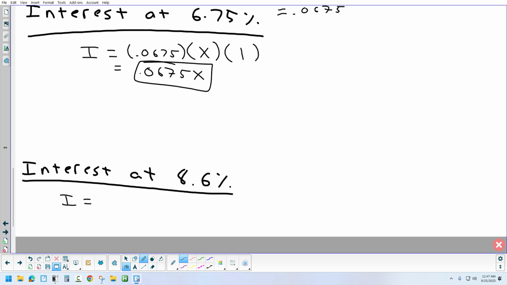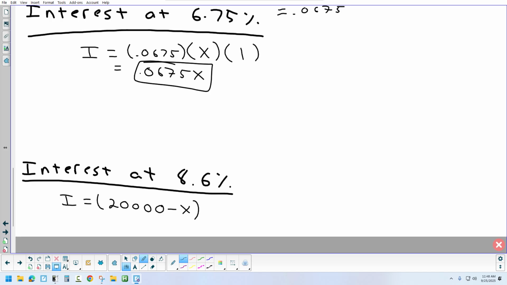How much money did Bill have to invest altogether? $20,000. So how much money does he have left to put in this investment? Because he already invested some of the money somewhere else, so he doesn't have $20,000 anymore. Yep, 20,000 minus what he already put in the other investment.